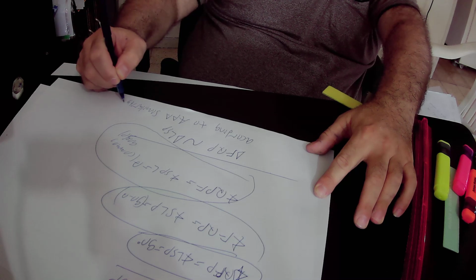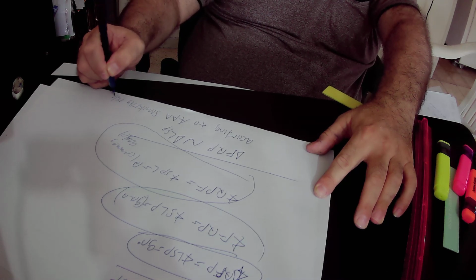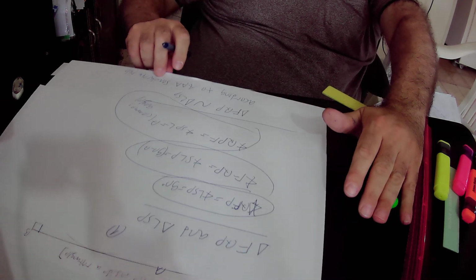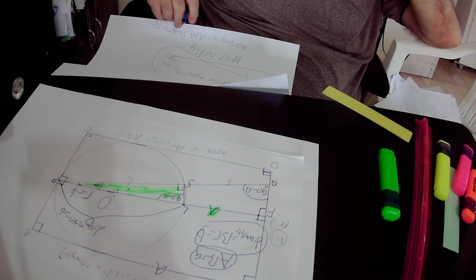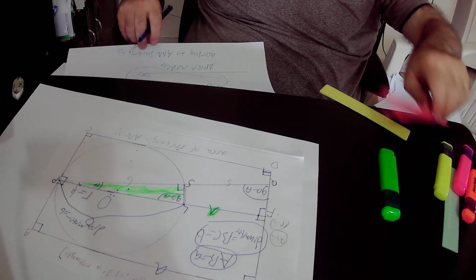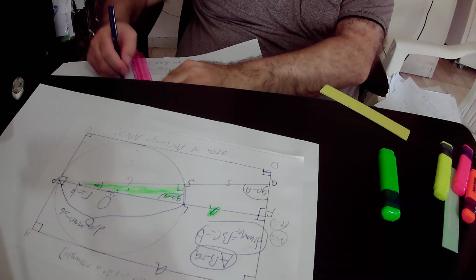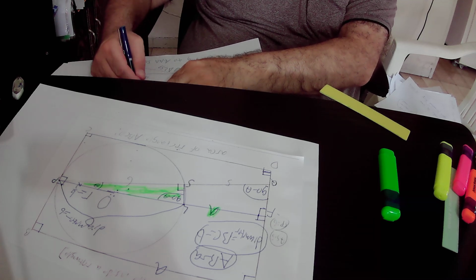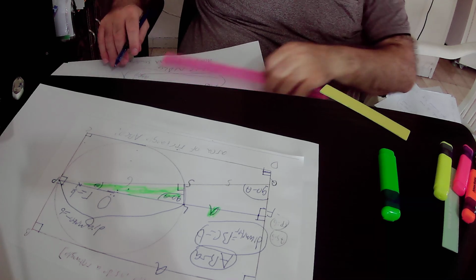And for the fact that the big right triangle is similar to the small green right triangle, we conclude that the following relationship exists between their sides.